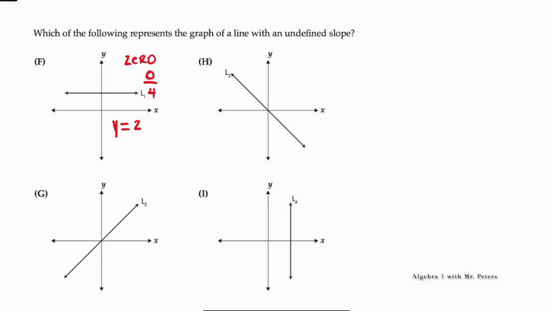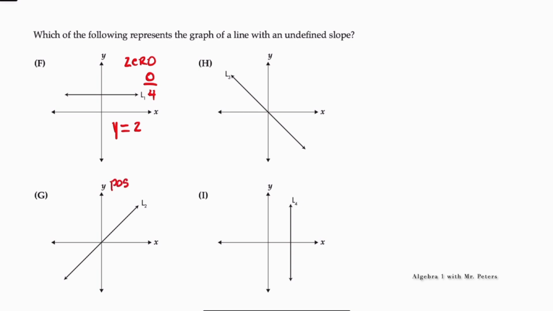Now, when we go over to G, G is a positive slope. It's on an incline when we look at it from left to right. So an example of this would be m is equal to 2/5. That's a positive slope. If we're looking at an equation, y is equal to x plus 4. It could be something like that. Positive slope, x is positive.